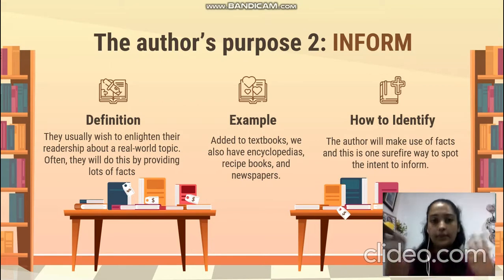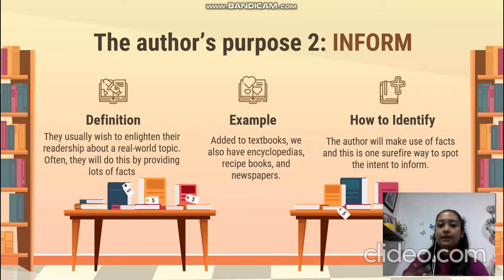For example, many types of school books are written for the express purpose of informing the reader. In addition to textbooks, we can also find encyclopedias, recipe books, and newspapers, among others.